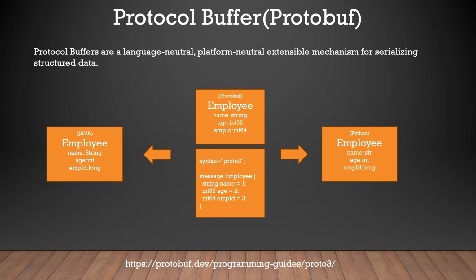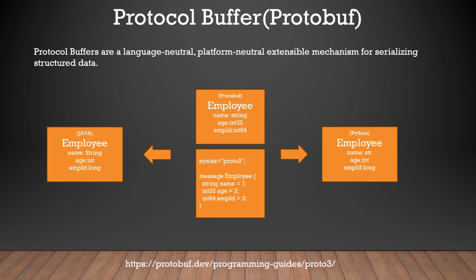Then there are tools that we will use. For gRPC, we have gRPC tools to create language specific stubs. These language specific stubs will have the code or libraries to convert a Java string into a protobuf specific string and serialize the data. And the serialized data will be sent to the other language application.